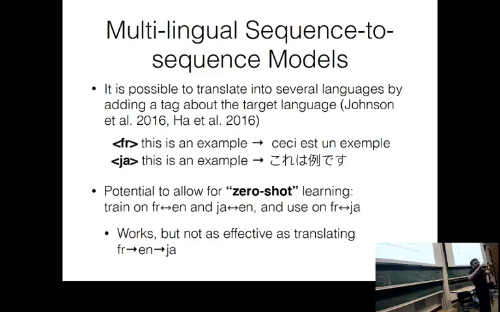Or it could be one big tag like English to German, or English to Japanese. And this has the potential to allow for zero-shot learning.